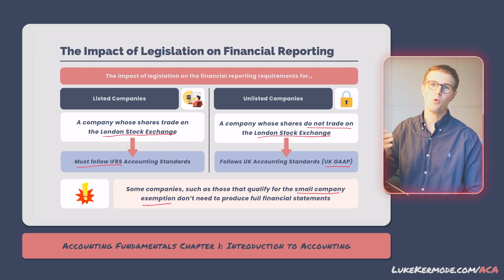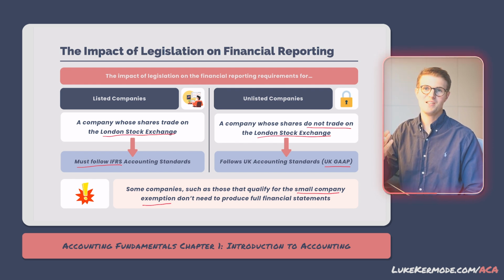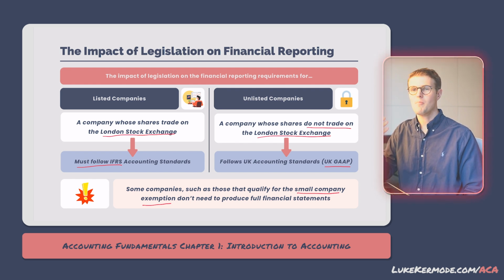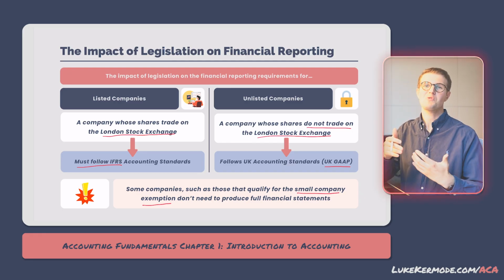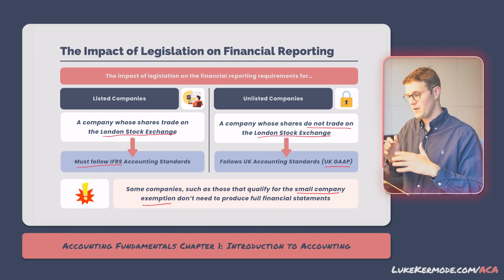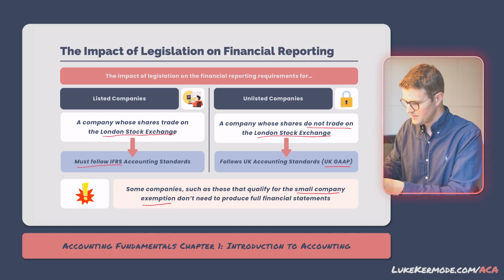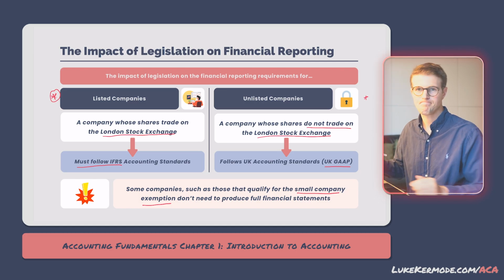The definition of a small company is based on having low turnover, small balance sheet sizes, and a low number of employees. Cool. So in summary, the financial reporting rules a company needs to follow depends on the size of the business and whether it's listed or unlisted.